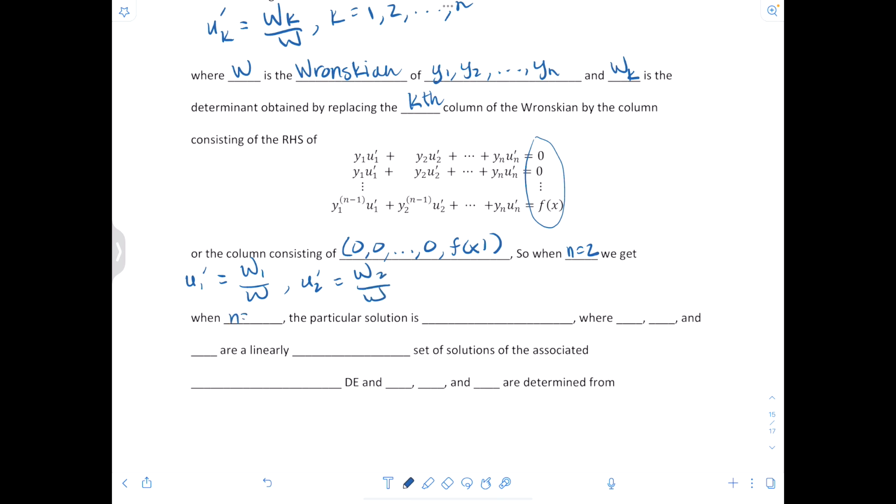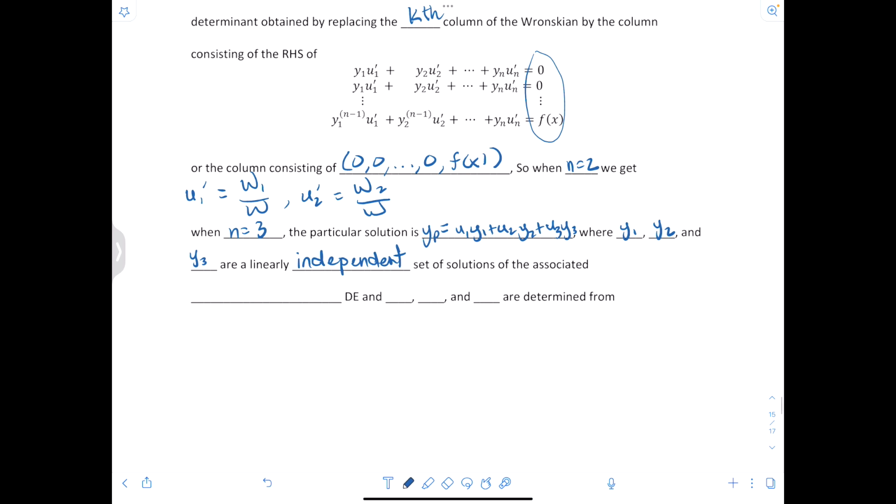When n is 3, you'll get a particular solution yp is u1 y1 plus u2 y2 plus u3 y3, where y1, y2, and y3 are a linearly independent set of solutions of the associated homogeneous DE.